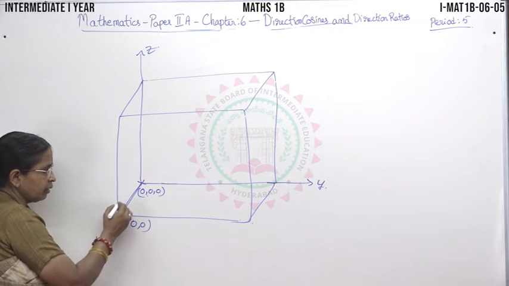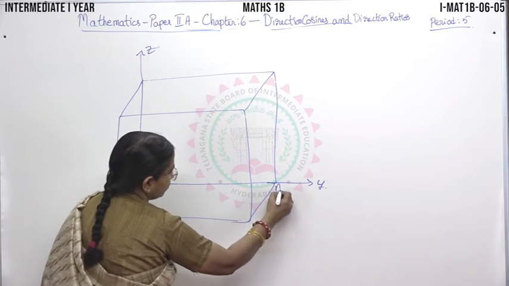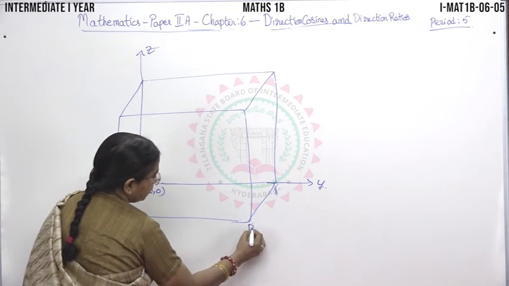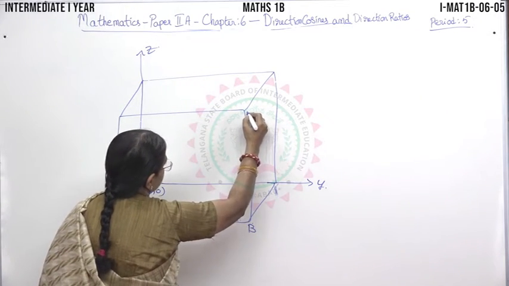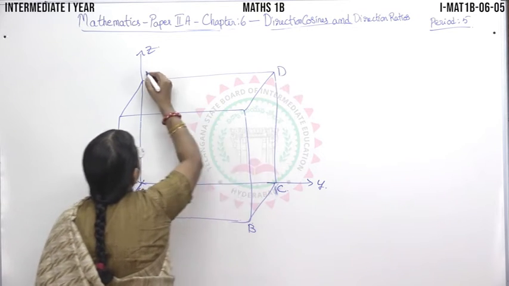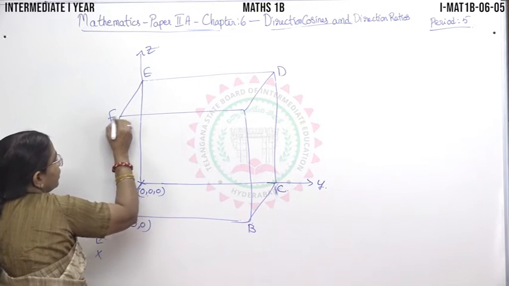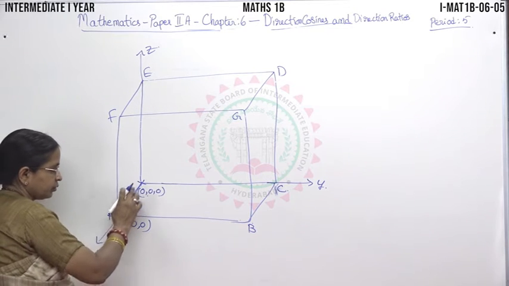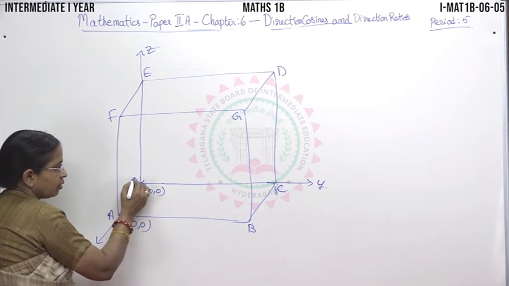Now first we'll name the others. I'll take the points as O, A, B, and then C, D, E, F, and G. These are the vertices. So O is the origin like this.